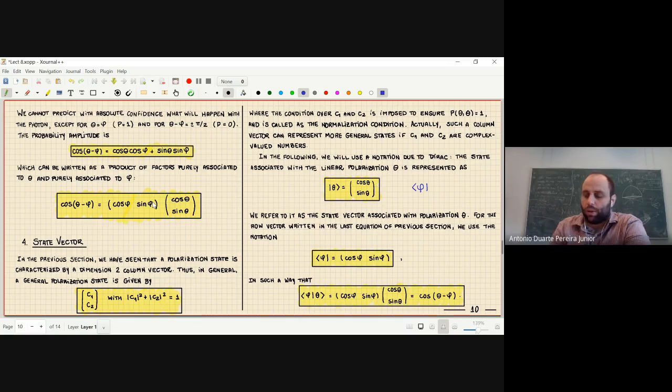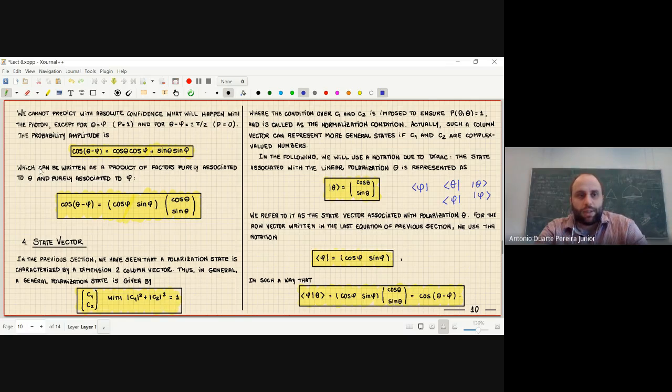Okay? So if I write theta or phi like that, I will have column vectors with entries cosine theta and sine theta, cosine phi, sine phi. But if I write this and this, then I'll have row vectors with entries cosine theta, and so on. So it's like the transpose of the vector, okay?